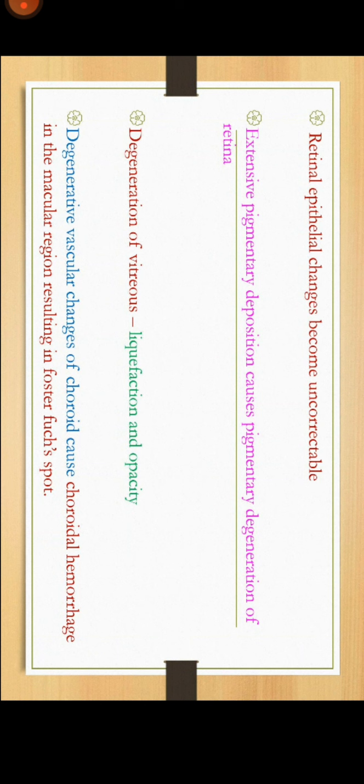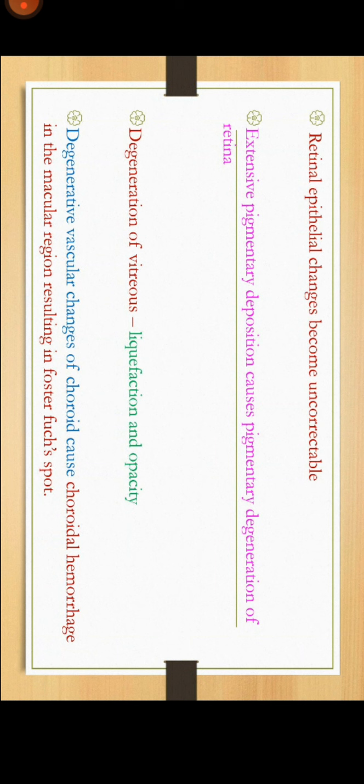The degenerative vascular changes of choroid cause choroidal halos, and this in the macular region results in Fuchs spots. The Fuchs spots are some pigmentary lesions due to the degeneration of the macula and subretinal neovascularization.